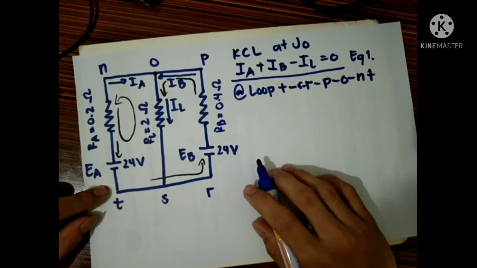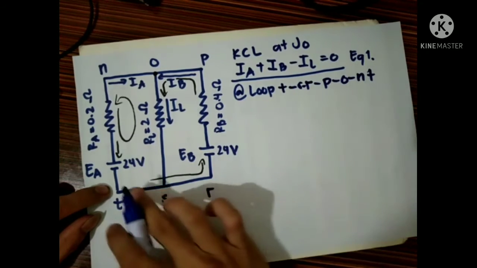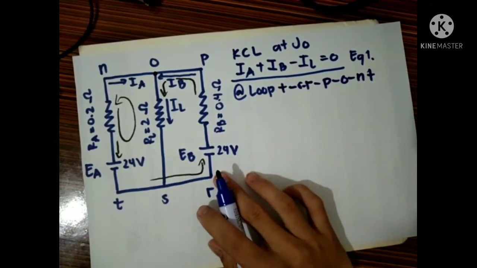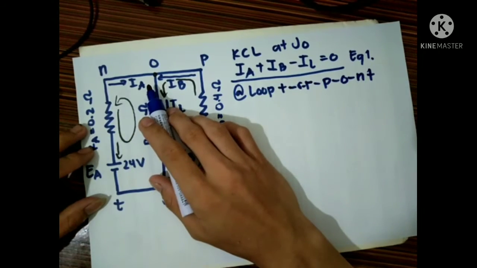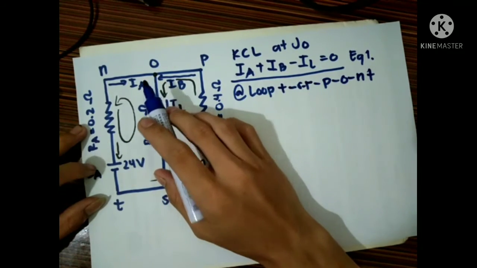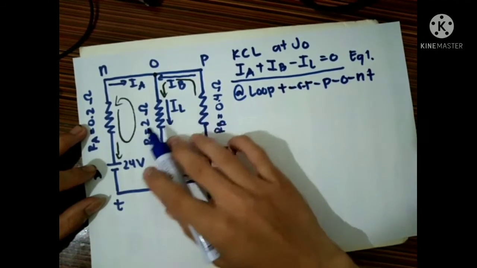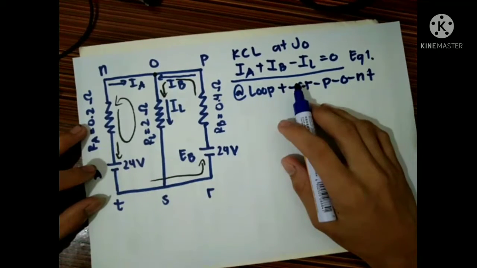EA is entering counterclockwise. As you can see, IA is entering the junction O, while EA is opposite from the IA.